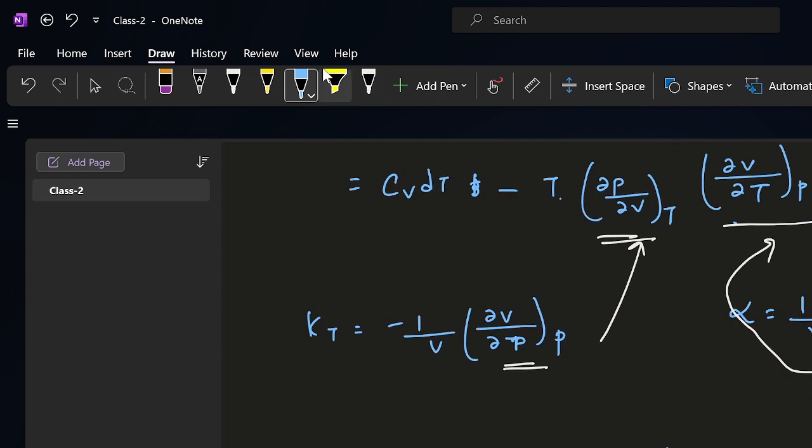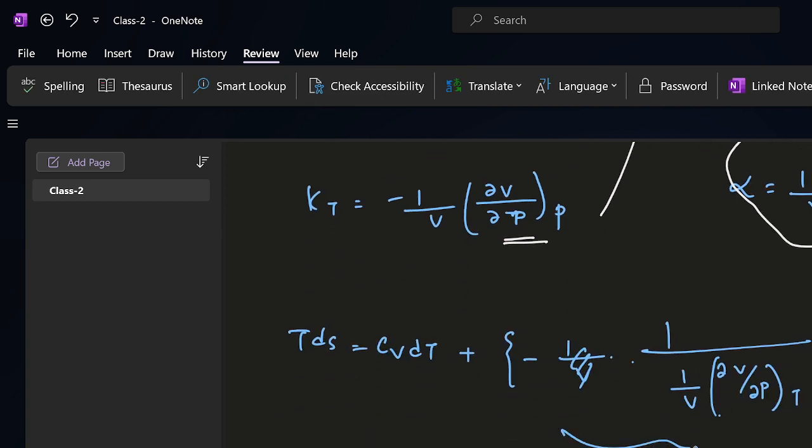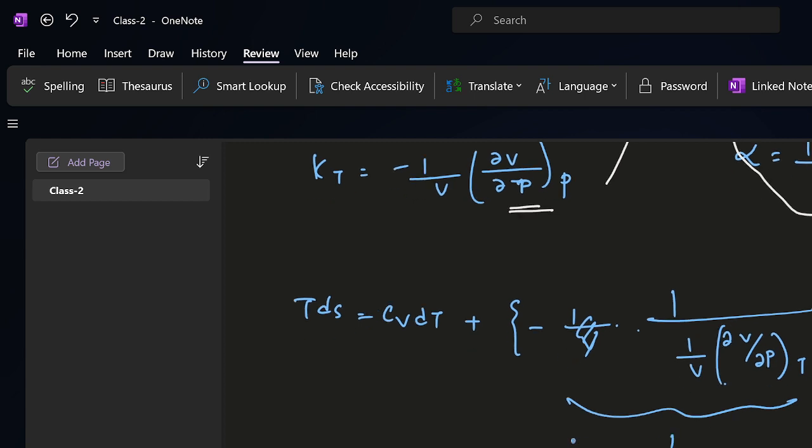Now rearrange again and take this 1 by v with this in a bracket. Again, this whole part is your 1 by kt, and this whole part is your alpha, and this t is left as it is.